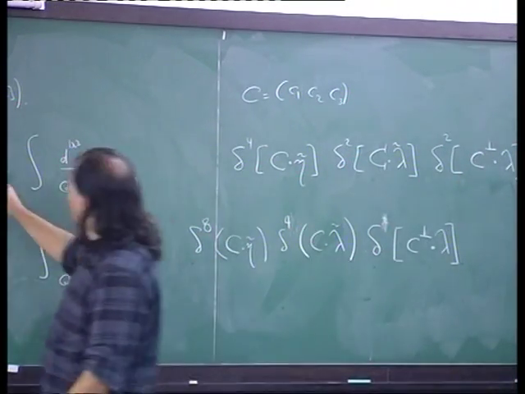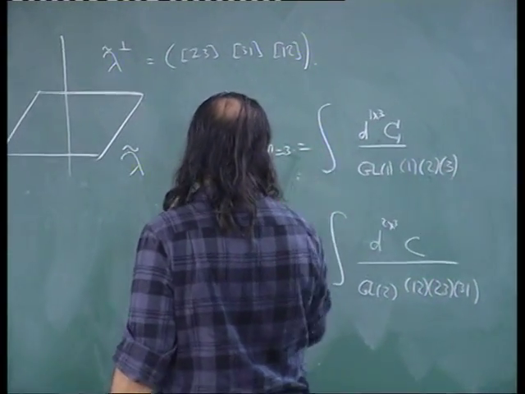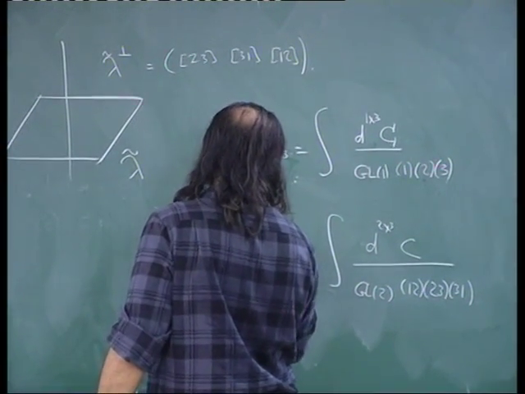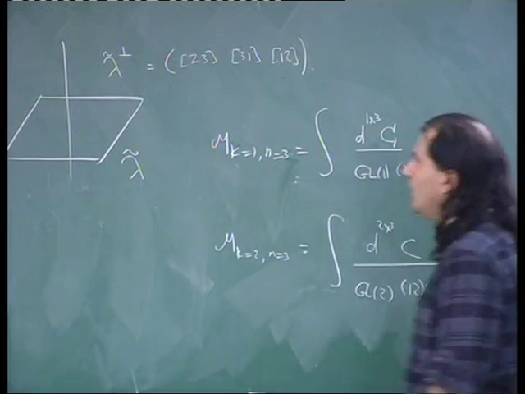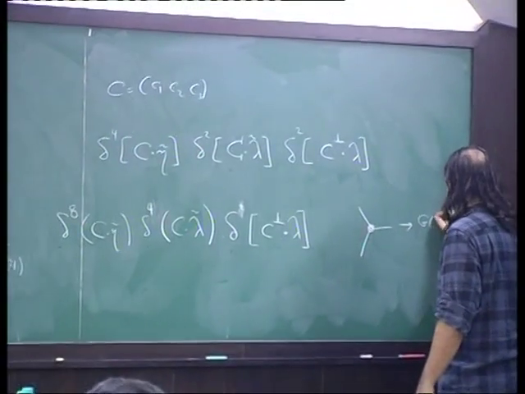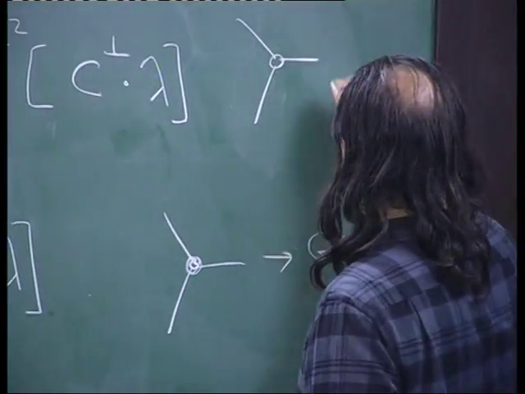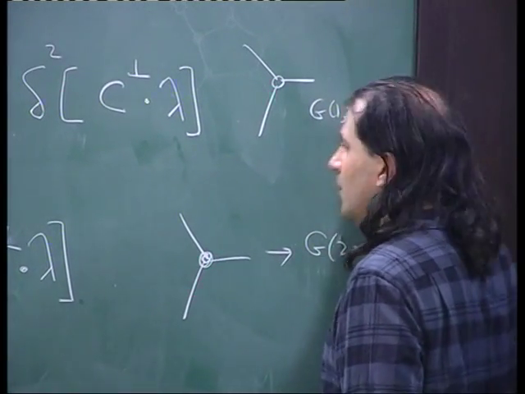So this is the k equals 1, n equals 3 amplitude, and this is the k equals 2, n equals 3 amplitude, which, following trying to make this picture of the geometry of momentum conservation manifest, we have associated with every black vertex, these auxiliary variables that live in G23, and for every white vertex, we have these auxiliary variables that live in G13. Okay?